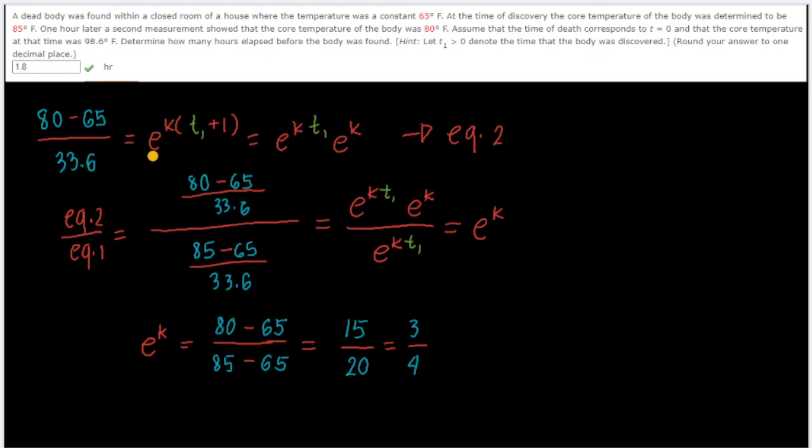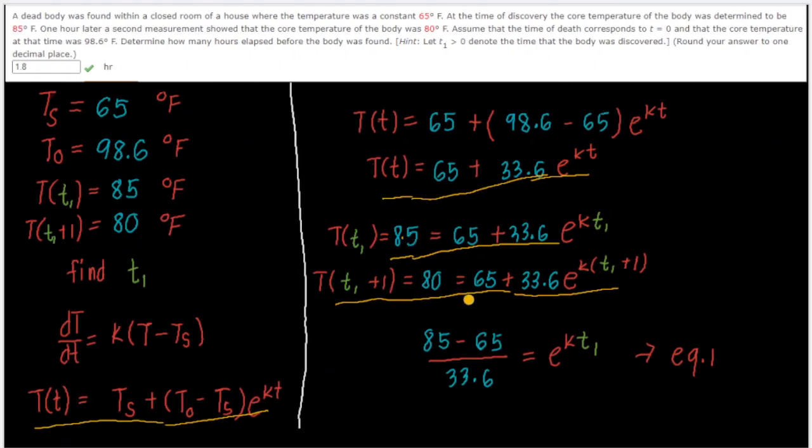Now, let's divide equation 2 by equation 1 to cancel the term with t1. Equation 2 is 80 minus 65 over 33.6, and equation 1 is 85 minus 65 over 33.6.